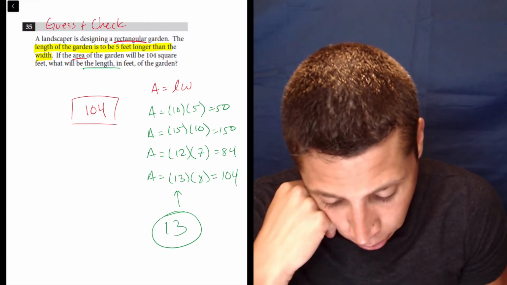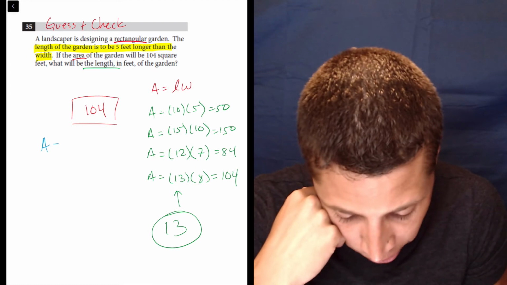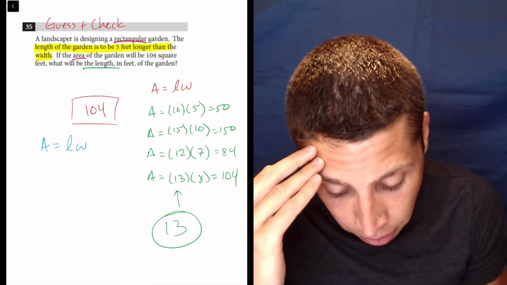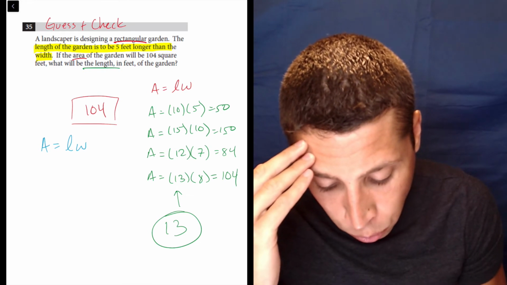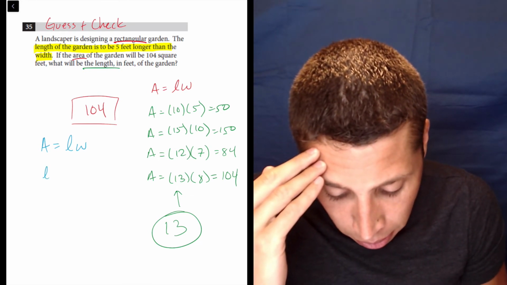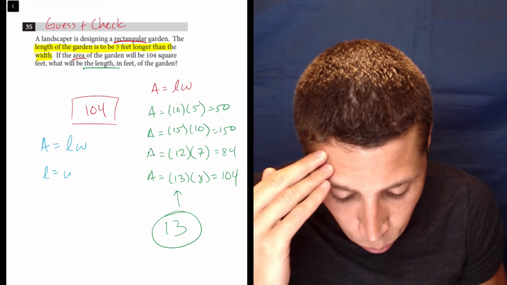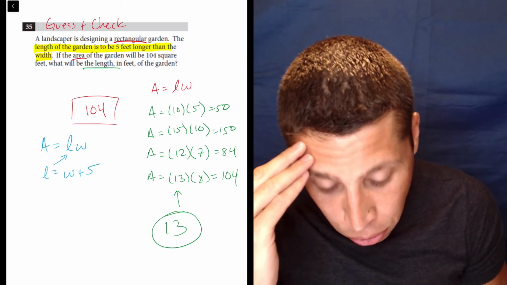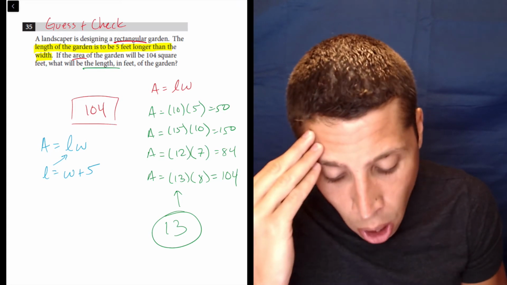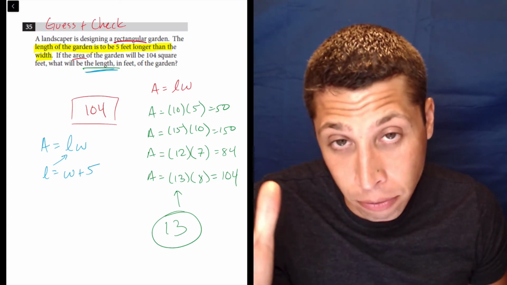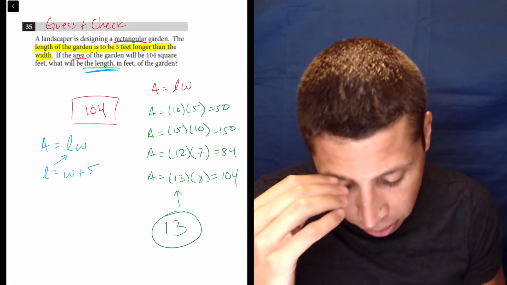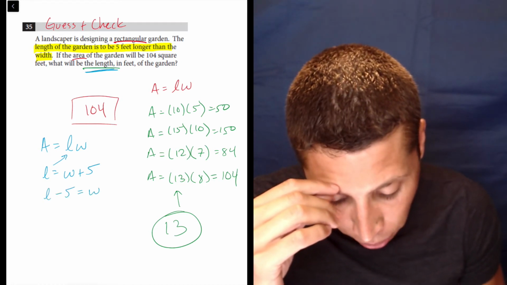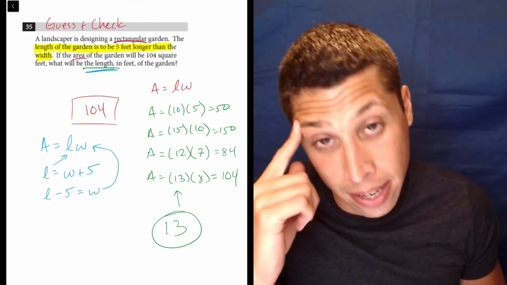They want you to say, okay, same equation, area is length times width, but it's two equations, right? The length of the garden is to be 5 feet longer than the width. So the length equals the width plus 5. So we can substitute that in, but knowing that I'm ultimately going to need to solve for the length, I'd rather reverse this equation and say that the length minus 5 is equal to the width, and then substitute that into this equation.